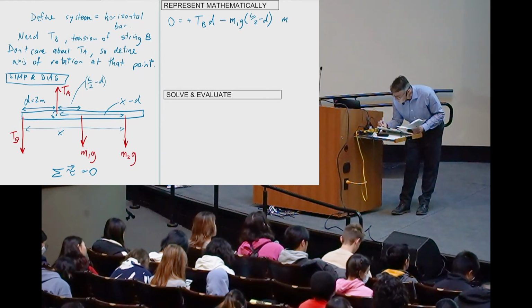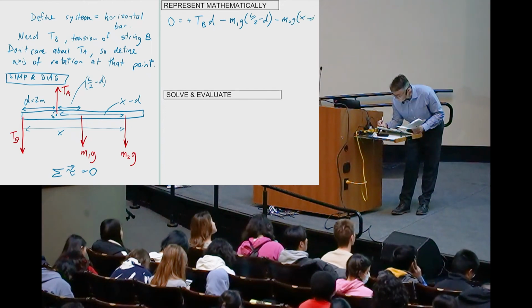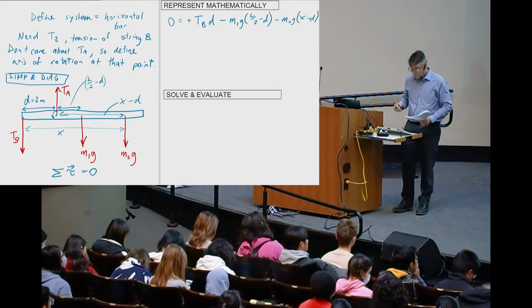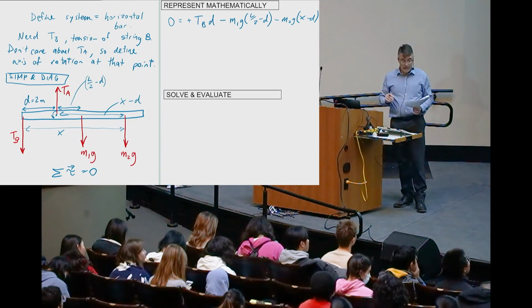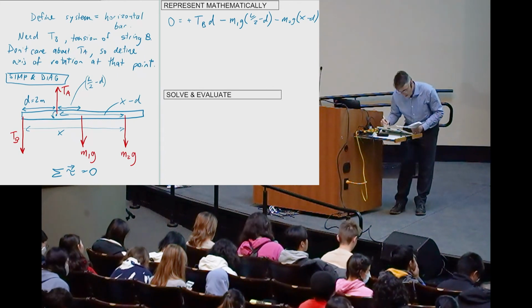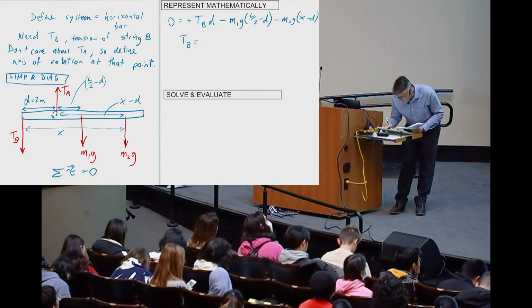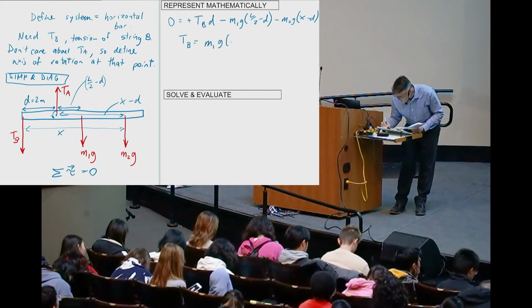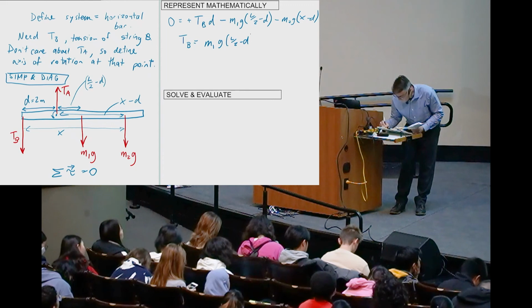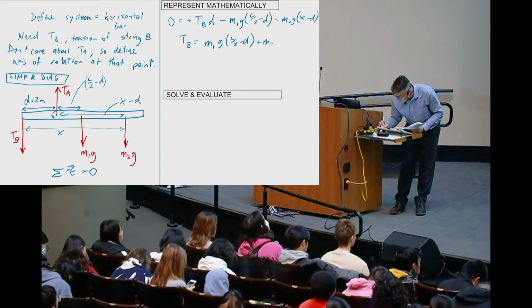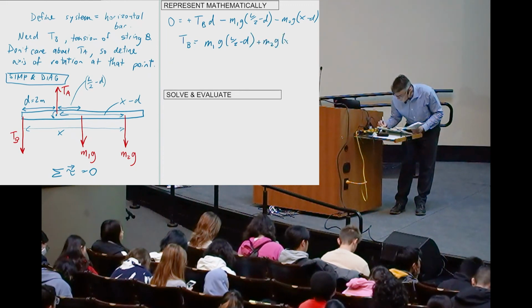And then another minus from M2 G times X minus D. So these lever arms are from the rotation axis that I have chosen. And I just simply solve for TB. TB is M1 times G times L over 2 minus D, plus M2 times G times X minus D, all divided by D.